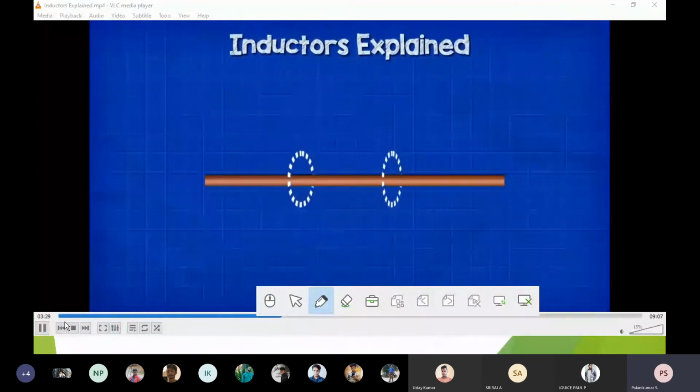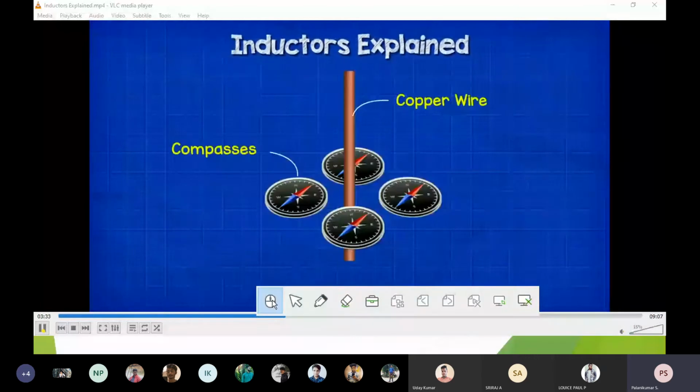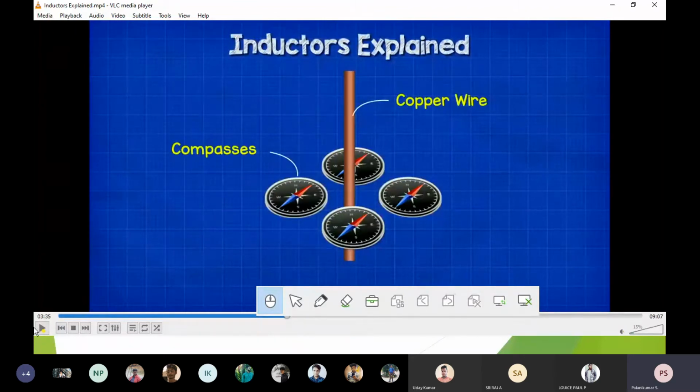So how is it producing? How is a coil producing a magnetic field? Whenever a current is carried by a conductor, a magnetic field will be produced around it, whether it is straight or in a coil form. We can verify that practically also.